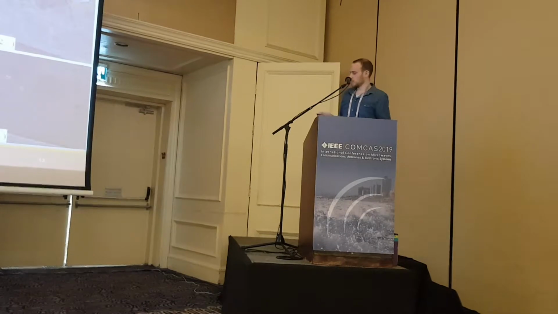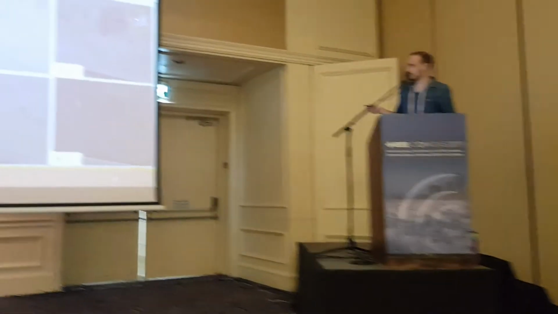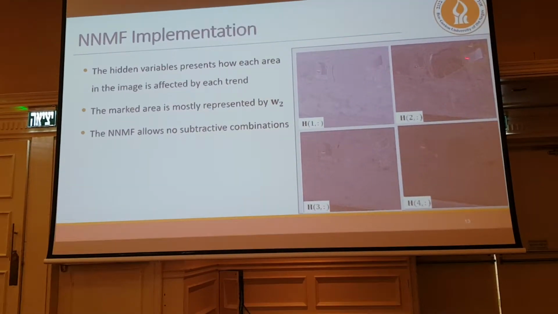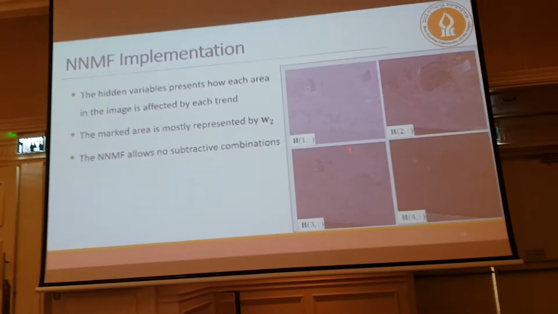Here is another look. If you take a close look at the marked area, you can see that those pixels are much brighter compared to the same region in the other entries of H. So if you take a specific pixel in that region, and we remind ourselves of the matrix multiplication rules, because the value of that specific pixel in the other images is very low, that means that we can present a specific pixel here using only one end member.